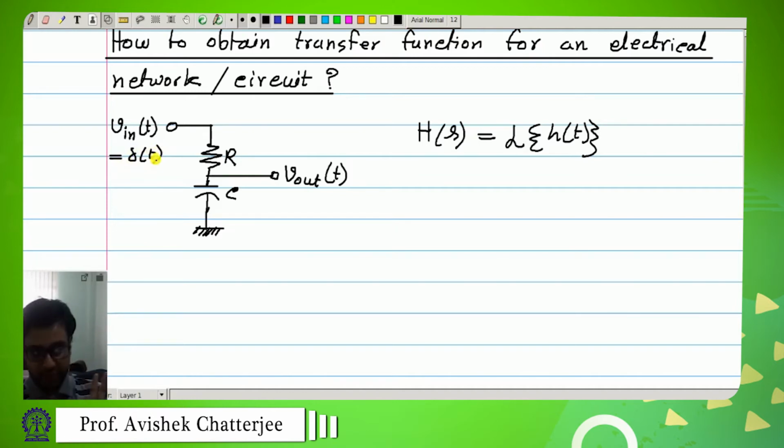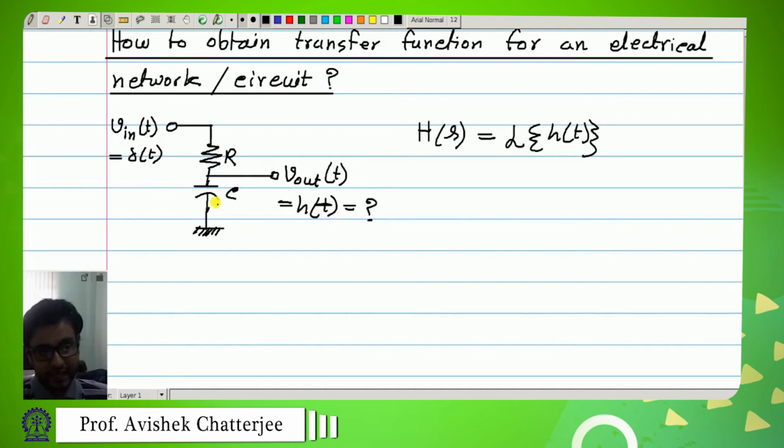Yeah, this is a thought experiment, of course. Otherwise an ideal delta t is not available in the laboratory. So assume delta t is given as input, then the output will be by definition h t, or whatever output we get, that is our h t. Okay, now input is known, we have to calculate output, then we can take the Laplace transform.